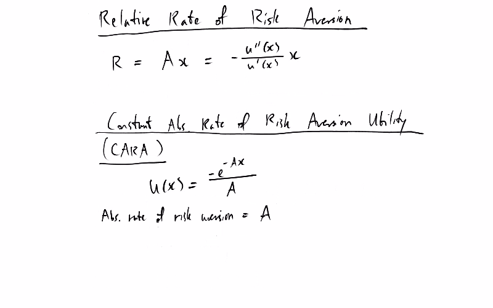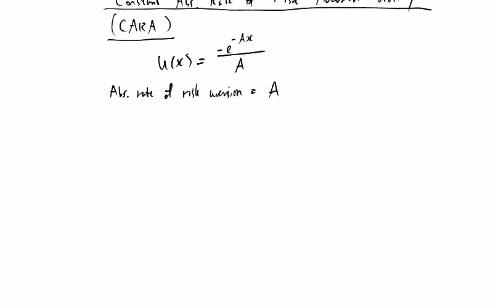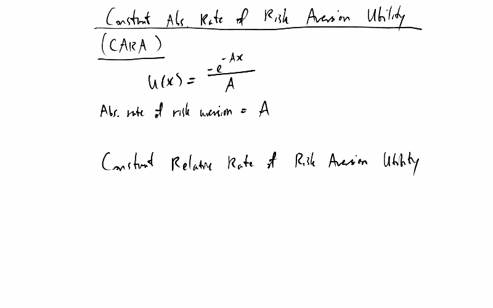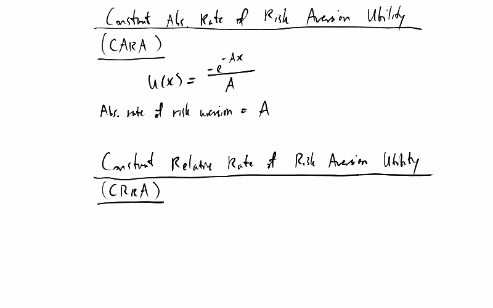The other one that's very common is the constant relative rate of risk aversion utility, and this is commonly called CRRA. And once again, you hear this term a lot, CRRA.